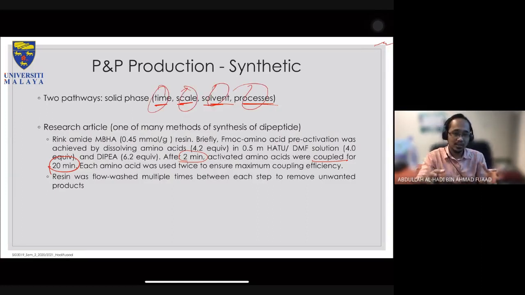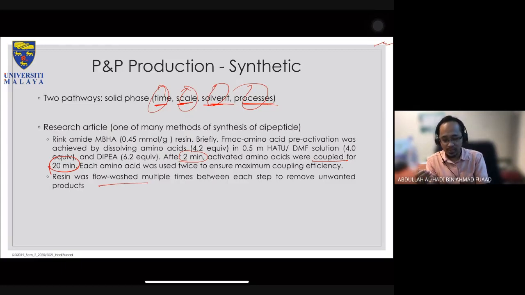You need to understand what the differences are, but it doesn't mean that you need to memorize everything. What you need to understand is that there are differences between a solid phase synthesis and a solution phase synthesis.